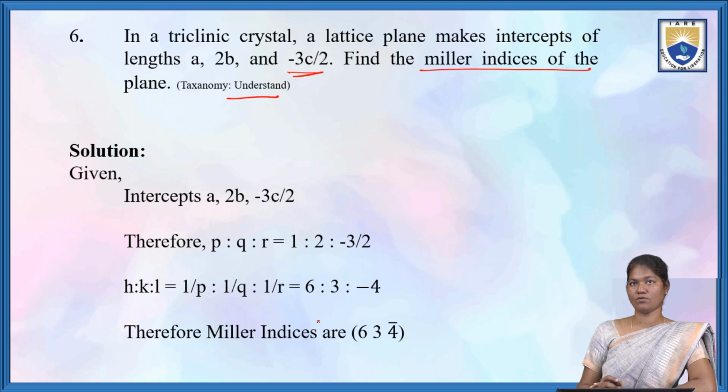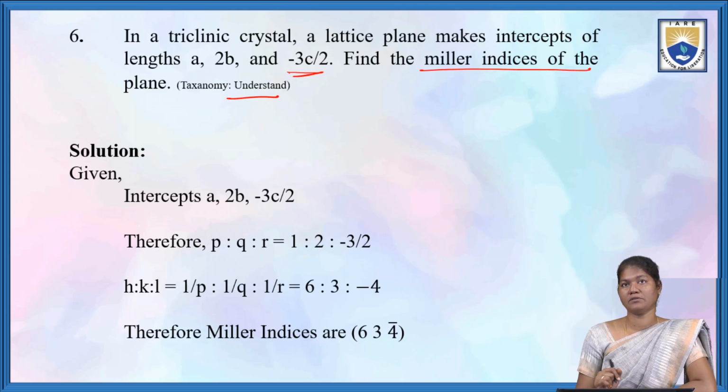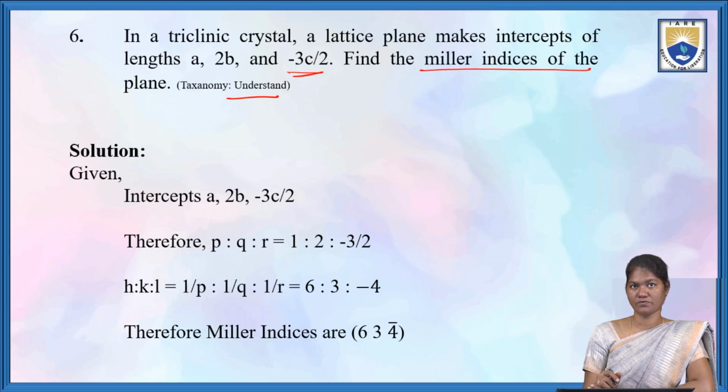In the previous slide I wrote the steps to find Miller indices. First we write the intercepts as multiples of lattice parameters.